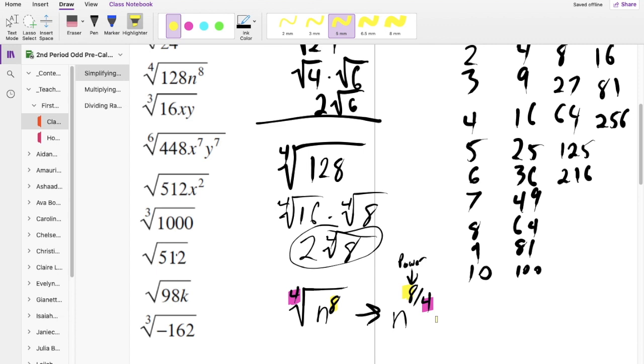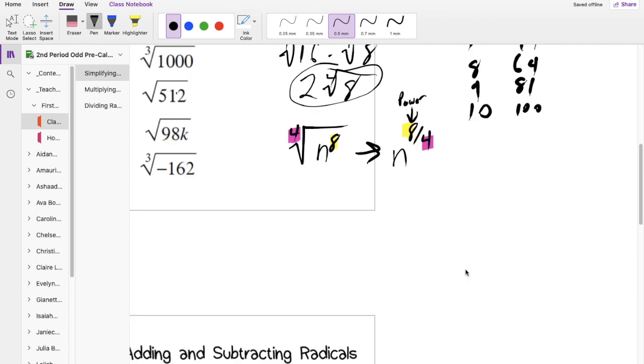We can then simplify this fraction, actually into a mixed fraction. Here, this comes out really nice, because 8 divided by 4 is actually an integer. 8 divided by 4 is 2. So the solution to this problem is just n squared.